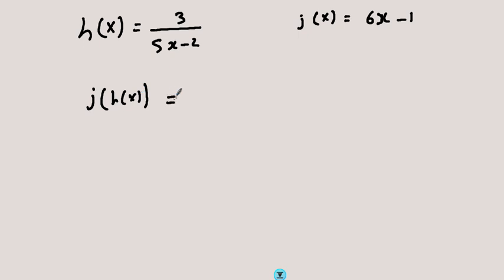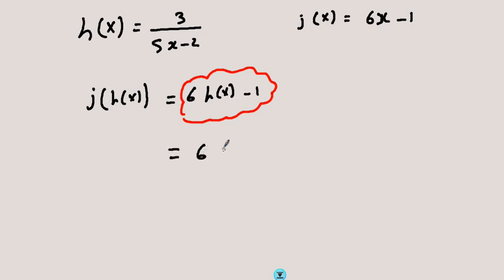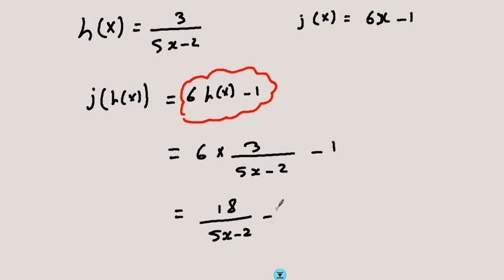So this immediately becomes 6 h of x minus 1. Again, this is the step that you can do in your head. And this equals 6 times 3 over 5x minus 2 and the minus 1, which simplifies into 18 divided by 5x minus 2 minus 1.